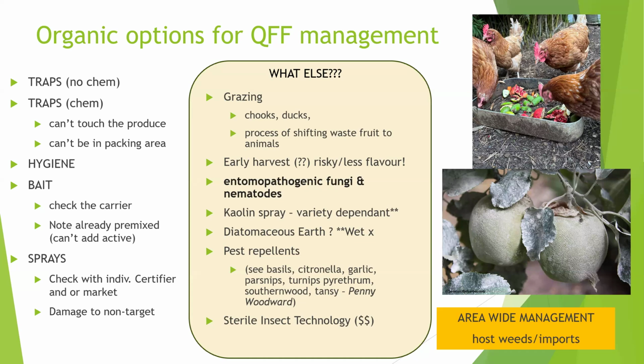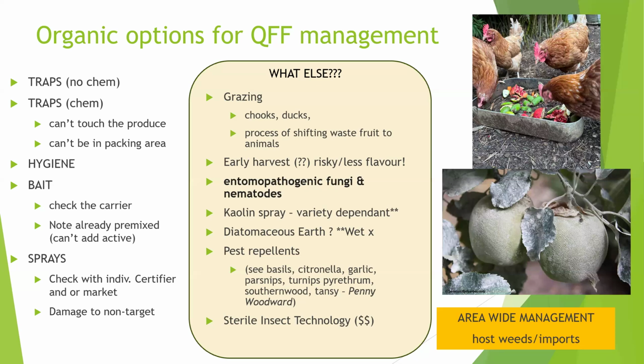Baiting, for organic options, you have to check the carrier. So whilst the fruit fly food, the part of that bait that it's attracted to, might be organic, please check the carrier that the fruit fly food is sitting in for the bait, and also check the carrier that your registered chemical has.